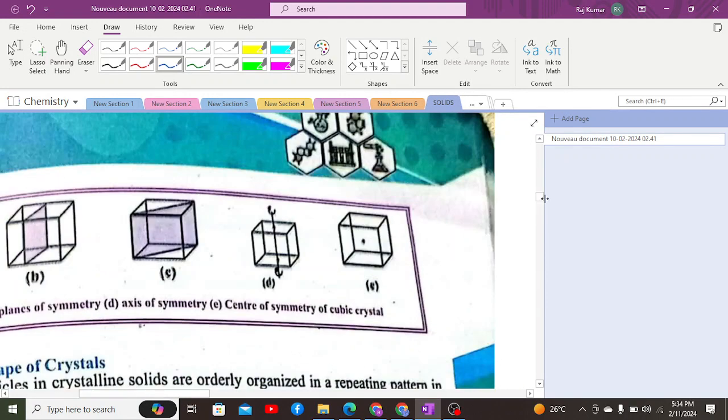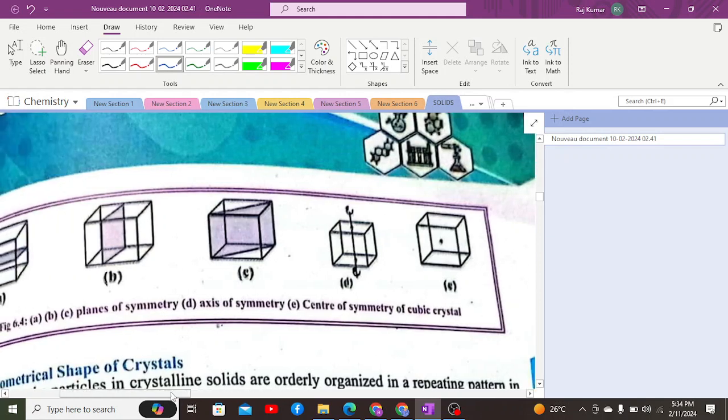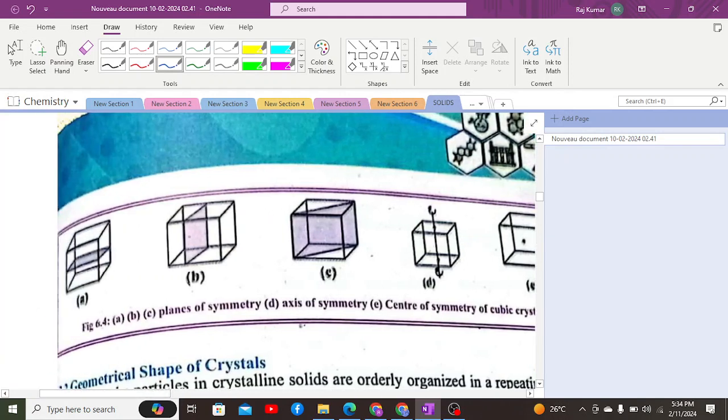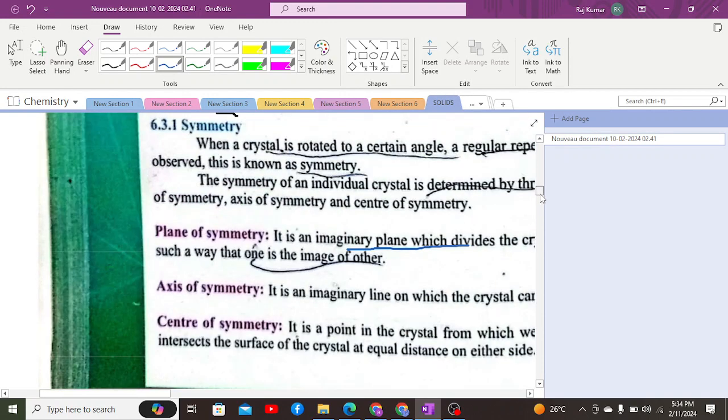As you can see in the diagram, we have planes of symmetry A, B, C. If we cut the crystalline solid in this direction, it gives us a mirror image, two equal parts which are exactly alike.